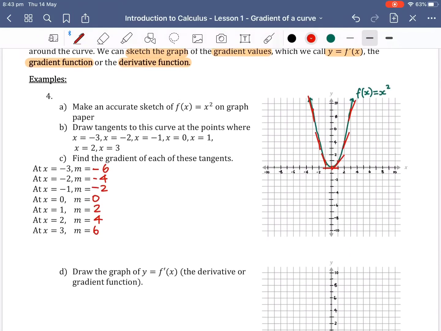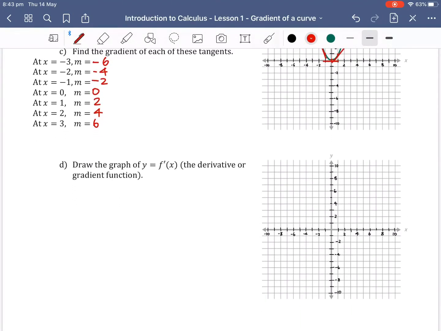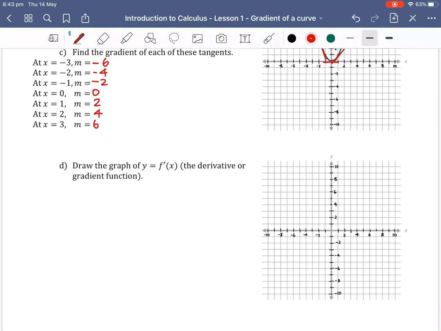So now we want to draw the graph of y equals f dash x, which is the gradient function. And so how we do this is we just plot the points that we are given when we find our tangents. So we have x equals -3, -6, so that is down here.